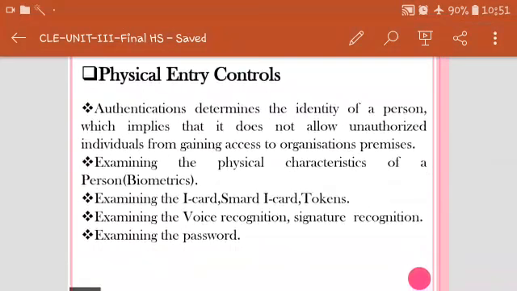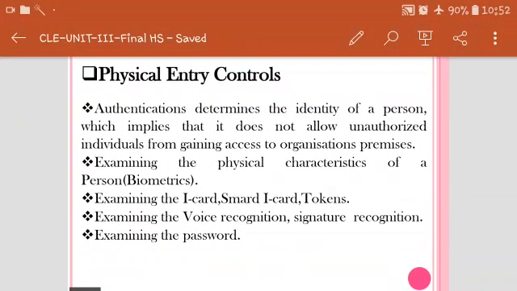In the definition already given, if any person wants to come into an organization, the security guard has the responsibility to check his or her identity card, ID card. If he doesn't have any ID card, at that time take the credential from that person.